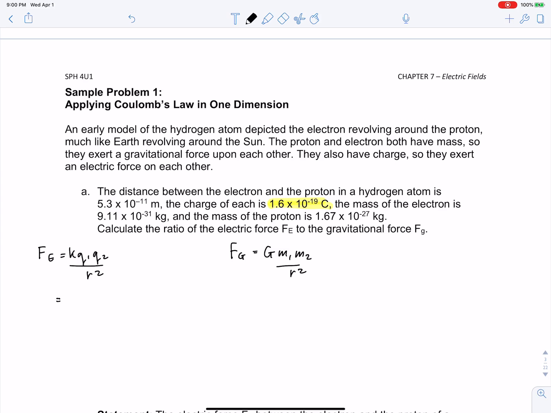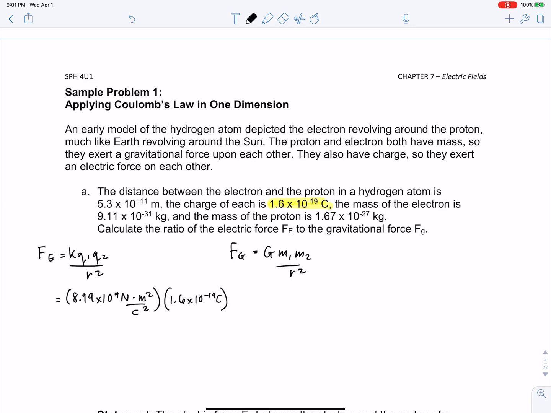So to solve for the electric force, we're going to put in Coulomb's constant, 8.99 times 10 to the power of 9 newton meters squared per coulomb squared, times Q1. Now, Q1 is the charge on the electron, and that's 1.6 times 10 to the power of negative 19 coulombs.